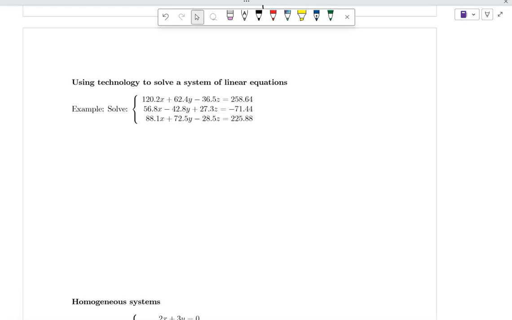So we'll write down the website up here. If you're doing homework, you might want to use this particular site. I'm going to show you a few different ones. This one, you want to go to the classic interface. So geogebra.org/classic is the website.